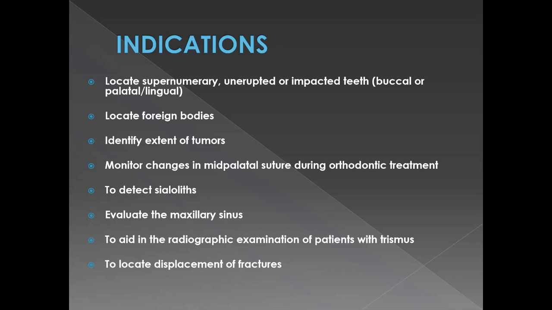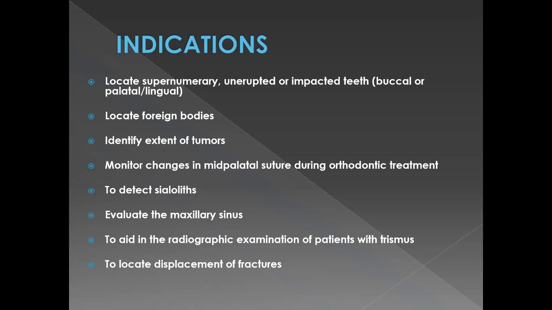You can use it to evaluate the maxillary sinus, although still not very well. It can aid in the radiographic examination of patients with trismus. Well, that much is obvious. When a patient cannot open their mouth, you cannot do intraoral X-rays for such a patient. And let's suppose you are working in an area where you don't have access to an OPG machine, or your OPG machine is faulty for some reason.